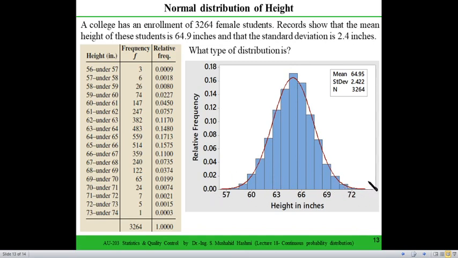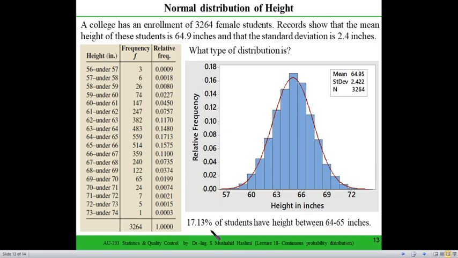Shorter and taller are small in proportion, represented by the left tail and the right tail, and the middle represents the central tendency of the data. So this is a typical distribution of this continuous random variable of height, and typically it is a normal shape. The shape of the distribution is important here.